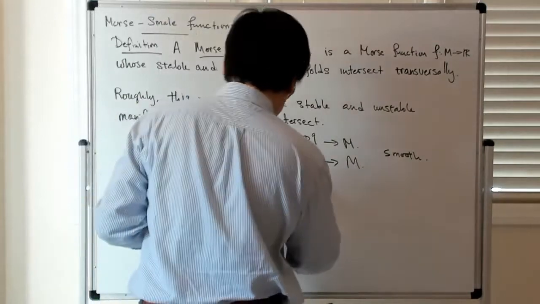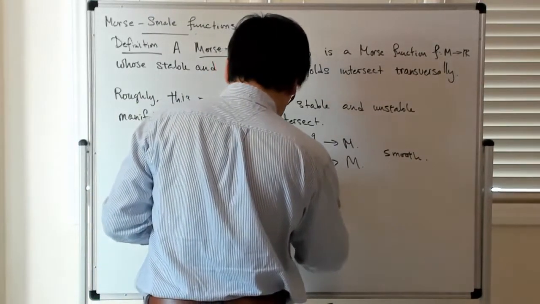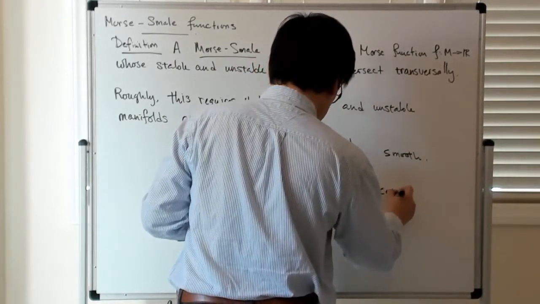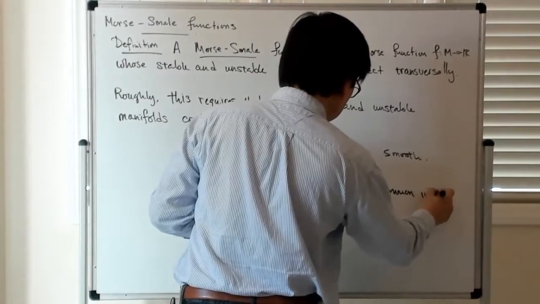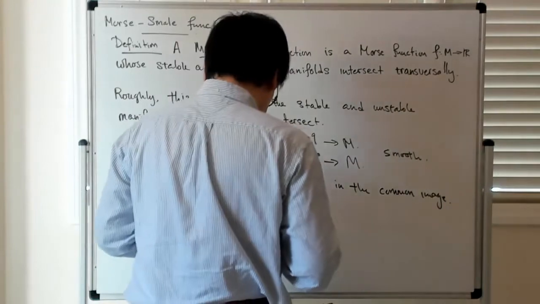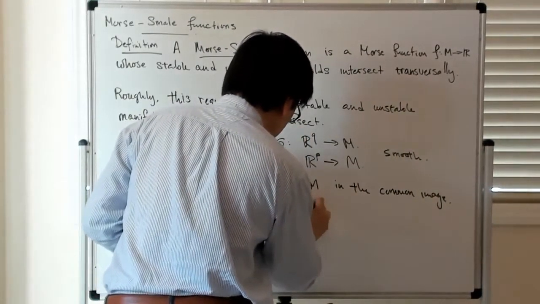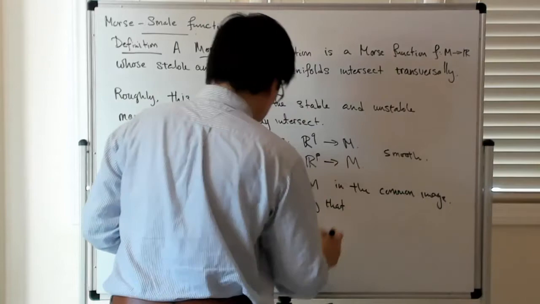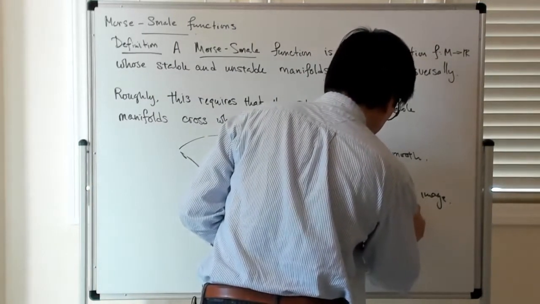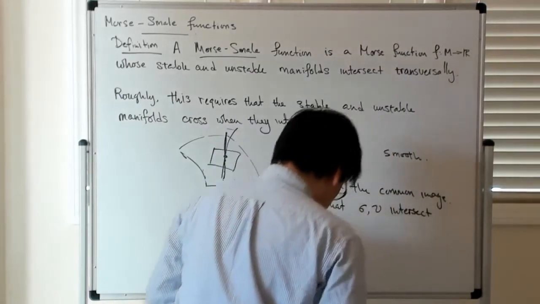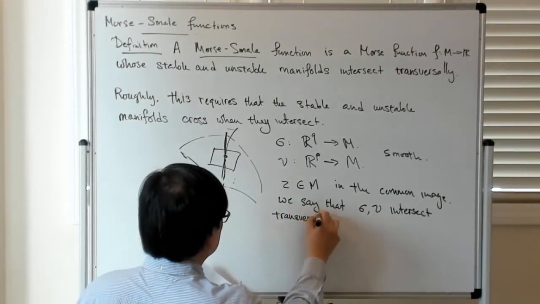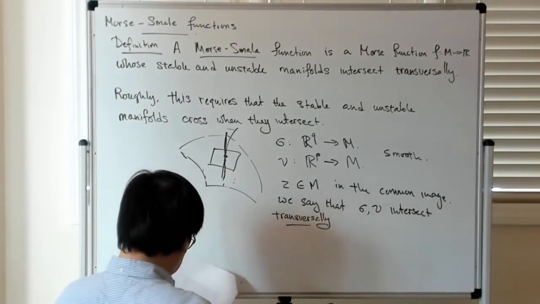If you have a point z in M which is in the common image, so there's an intersection of these two things, we say that sigma and nu intersect transversally.